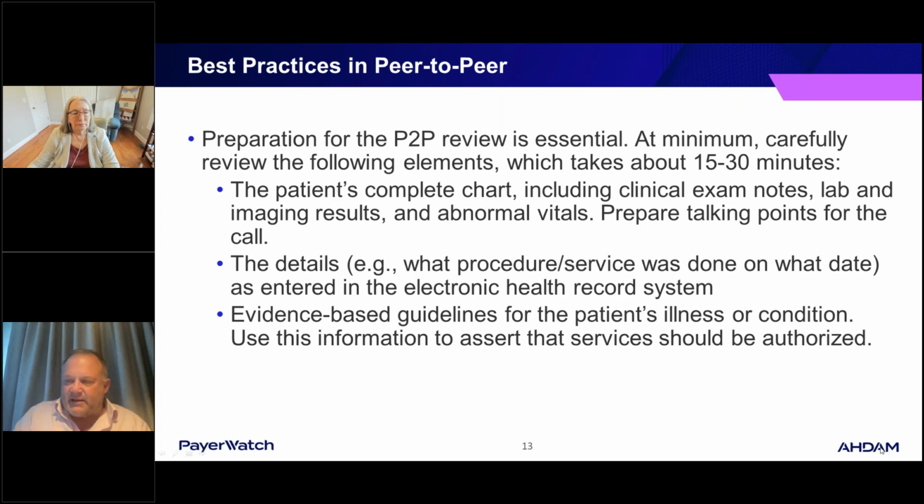The things that you want to take into consideration and have at your fingertips, maybe jot something down on a legal pad, are clinical exam notes, any relevant abnormal vitals, and imaging results. I stay away from things that are mildly abnormal. We're looking for evidence of, like one might with a SOFA score, major organ involvement if you're going to be talking about inpatient medical necessity.